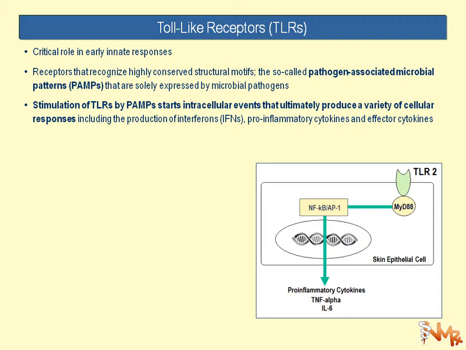Stimulation of toll-like receptors by these motifs starts intracellular events that ultimately produce a variety of cellular responses, including production of interferons, pro-inflammatory cytokines, and effector cytokines.